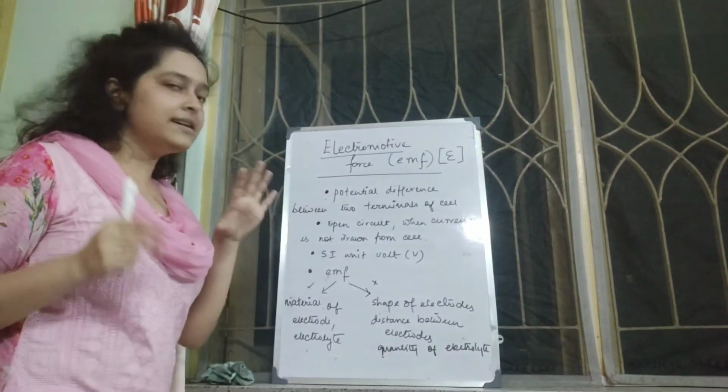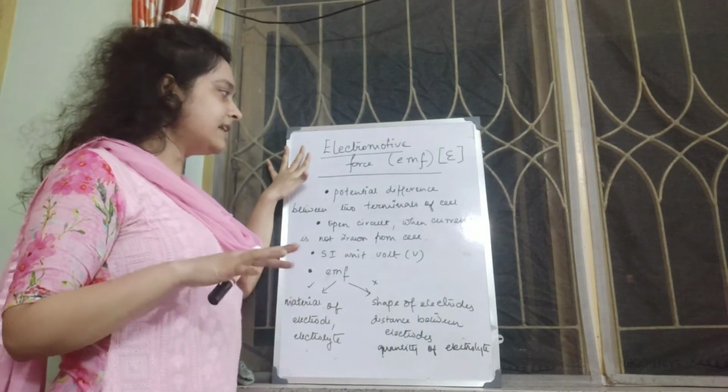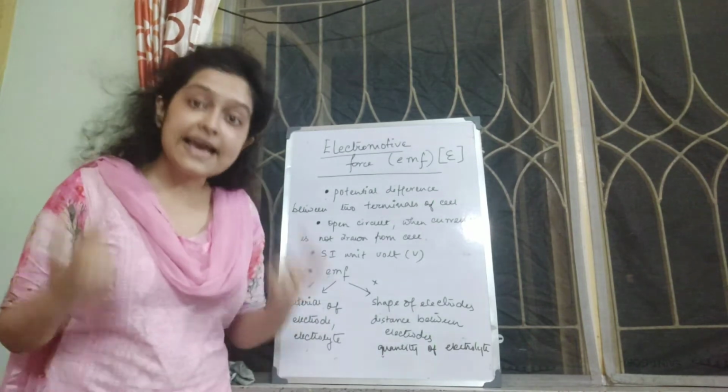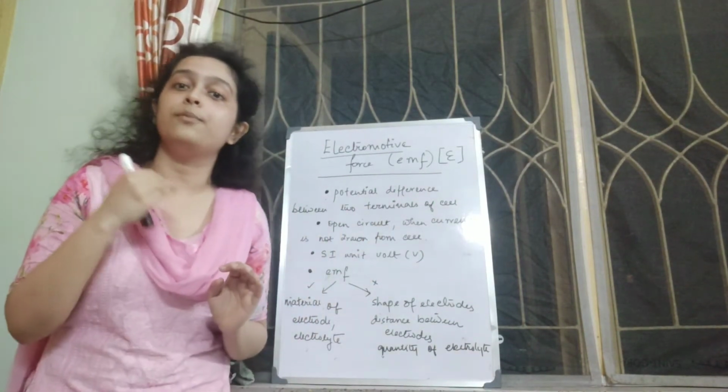So just see at a glance, what have we learned? Electromotive force is nothing but the potential difference between the two terminals of a cell in open circuit condition, or when current is not drawn from the cell.